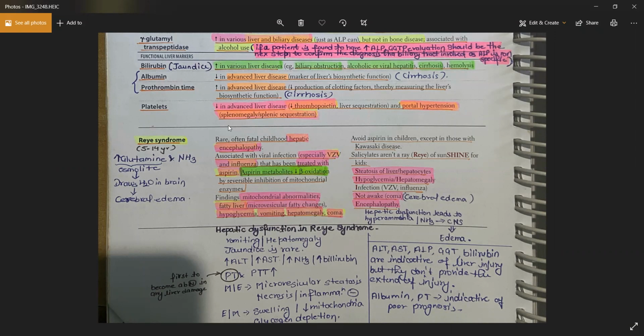And as a result, what you get is the hepatic steatosis, right? So this is what you see. The hepatic steatosis is what you see whenever you do the biopsy of a patient with the Reye syndrome. Is that okay up to here?